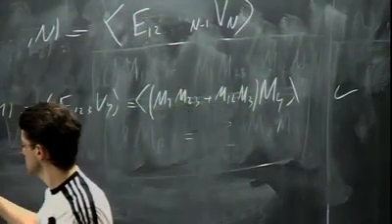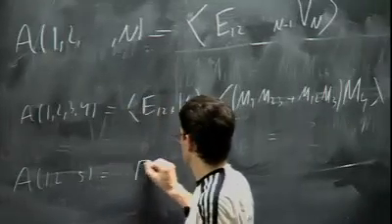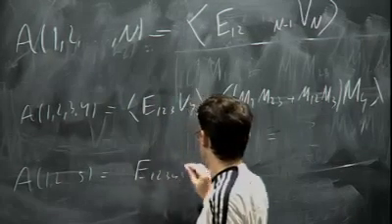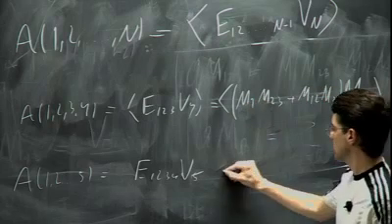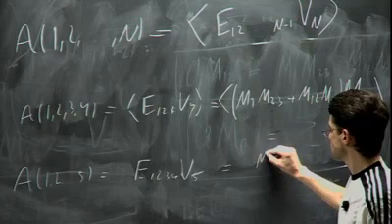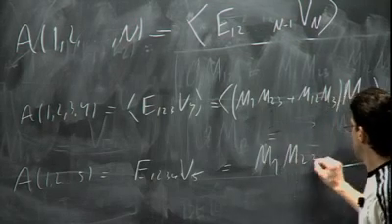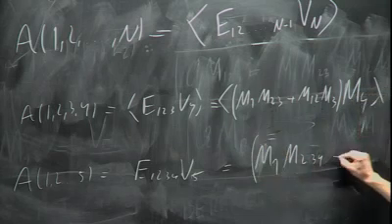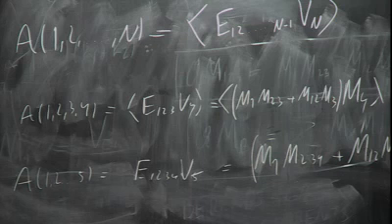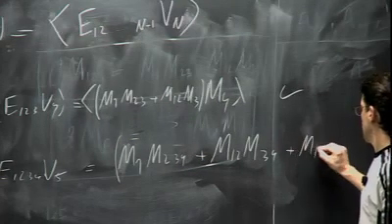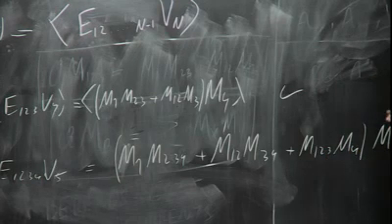Let's just see what happens for the 5-point amplitude. It's 1, 2, 3, 4, V5 with the pure spinor bracket, but it's M1, M2, 3, 4 plus M1, 2, I'm just deconcatenating the word, M1, 2, 3, M4 multiplying M5.